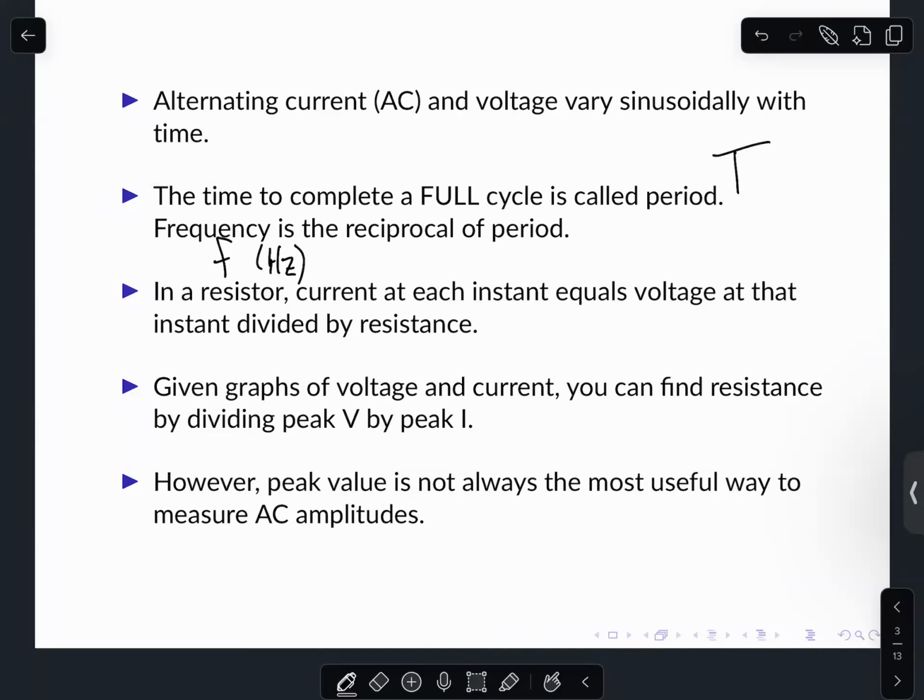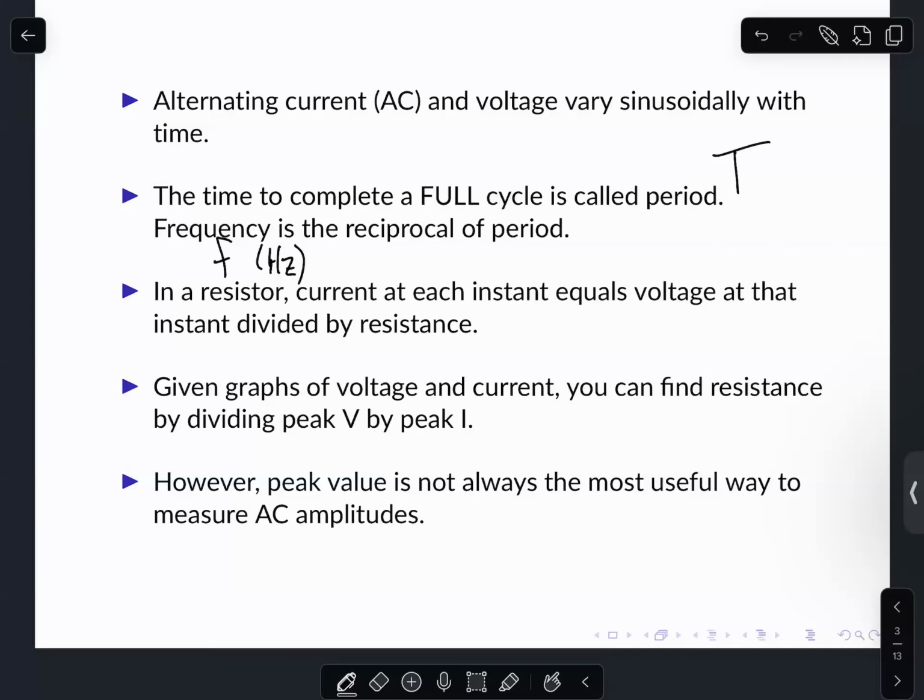You can find the resistance, by the way, therefore, hint, hint, by dividing the peak voltage by the peak current. I mean, you could do this by dividing any instantaneous voltage by any instantaneous current. If you look at any instant in time, find the voltage, and at the same instant find the current, voltage divided by current is the resistance of what that's going through. Duh, right? In practice, though, it is easy, I find, to look for the peaks.